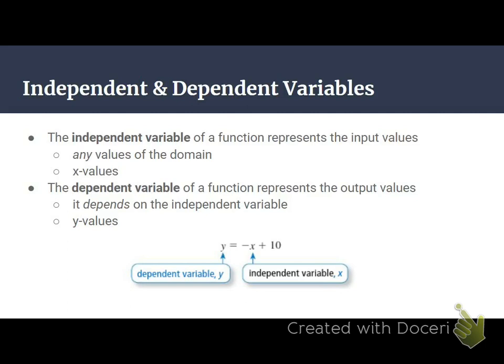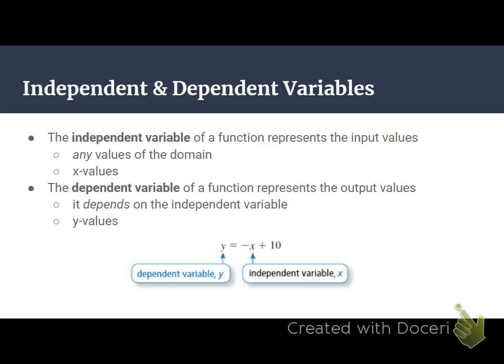The dependent variable of a function represents the output values. It depends on the independent variable. So we don't know what it's going to be unless we know the independent variable. Those are our y values.